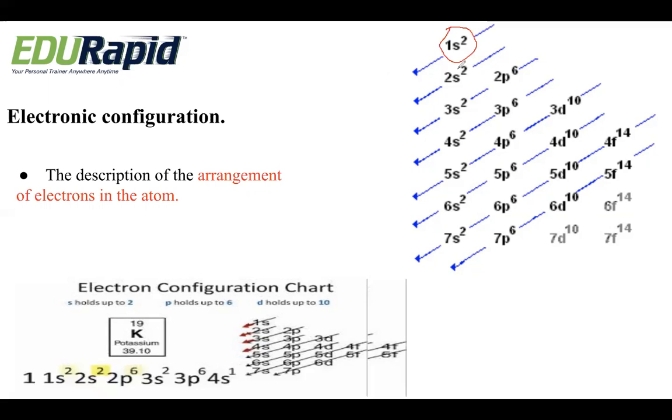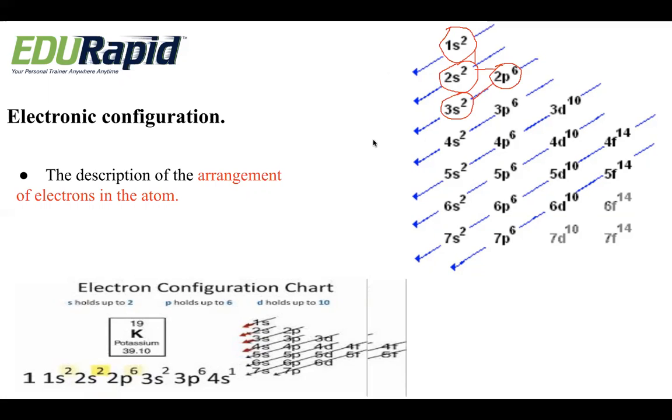Next, if there are still more electrons, it goes to 2s2. Then it will come to 2p6, and then it will go to 3s2, and so on. This is how the electrons occupy the subshells of an atom, and this description is nothing but electronic configuration.